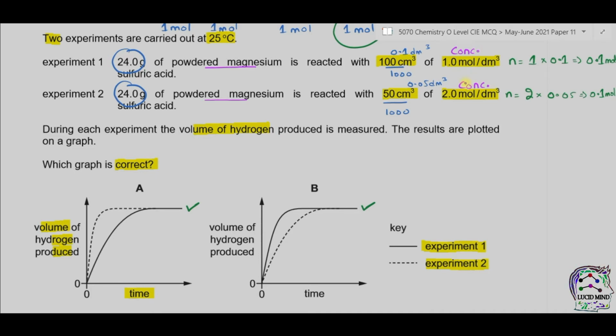Now rate of reaction does depend on the concentration. Higher the concentration, faster will be the rate of chemical reaction. So therefore the reaction rate will be faster in experiment 2 as compared to experiment 1. This shows experiment 2, so therefore this must be faster than experiment 1. It is not slower, therefore the correct option is part A.